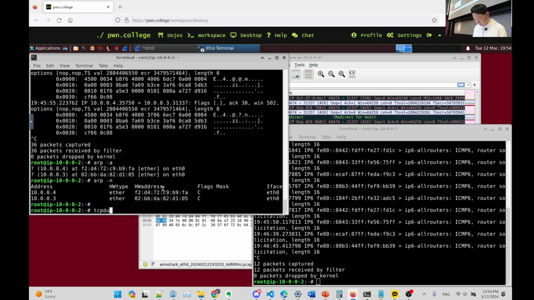tcpdump, interface eth0, and we can use some options to save the captured packets. So do you remember what the option is?